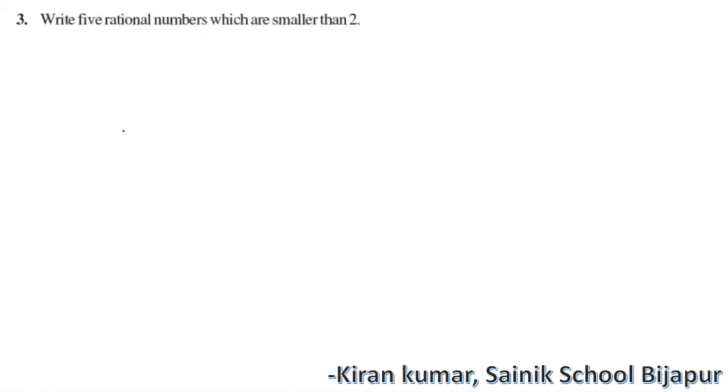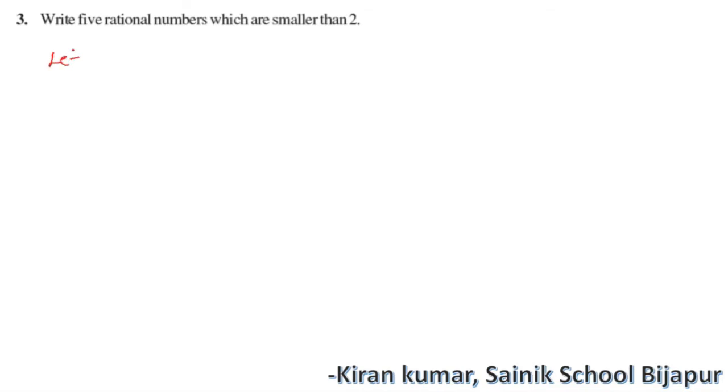Question 3. Write 5 rational numbers which are smaller than 2. I can write the number 2 as 20 upon 10.